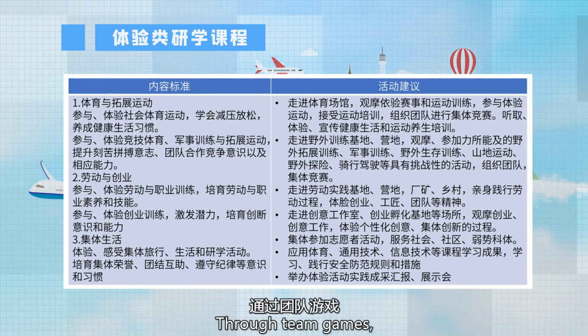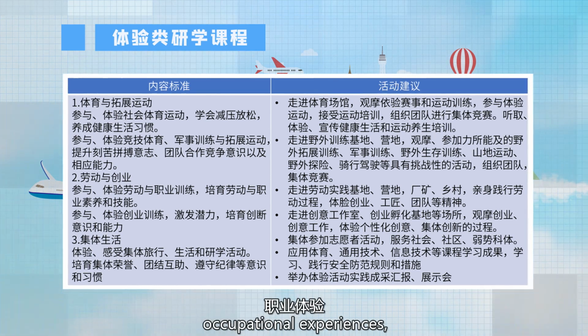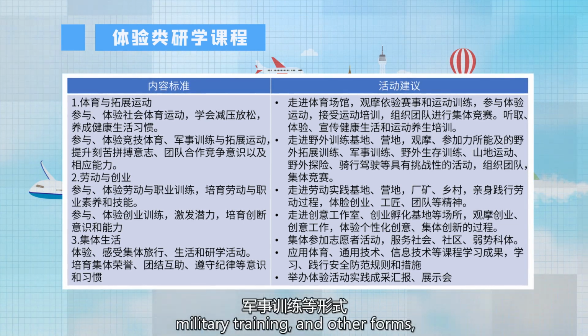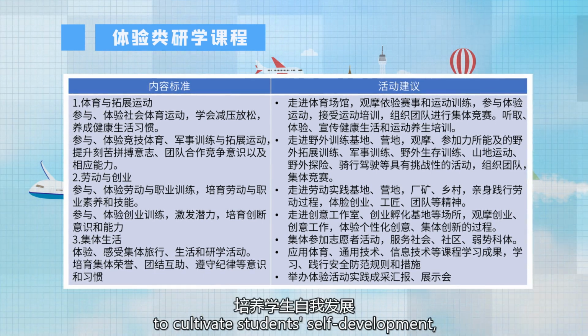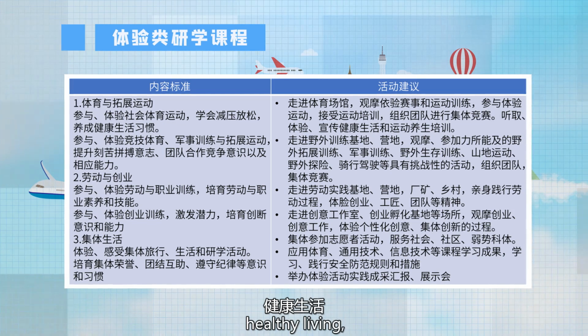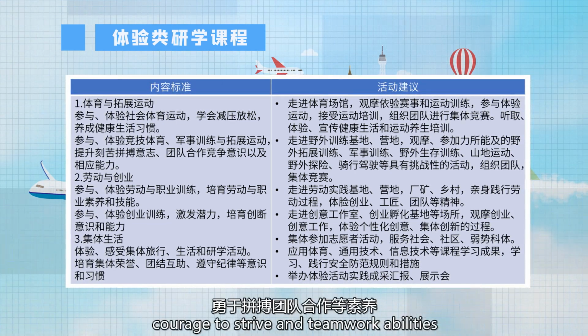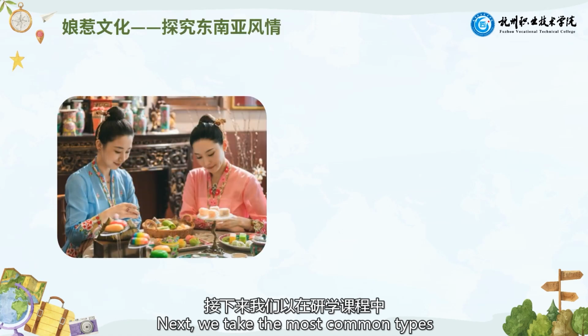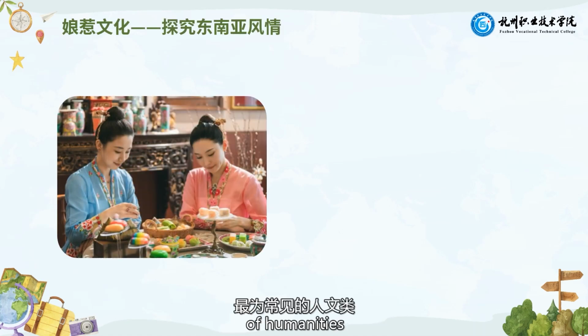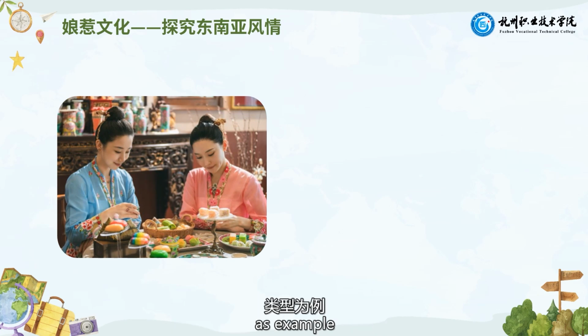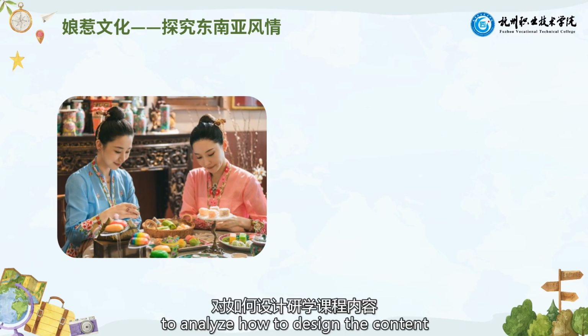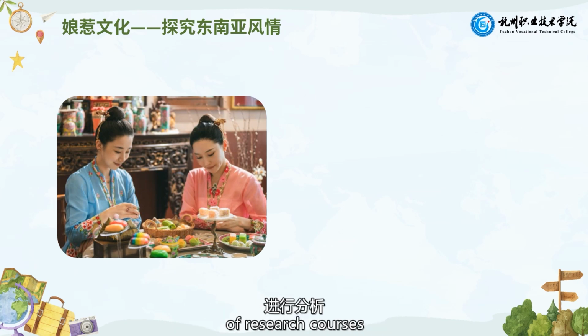Through team games, occupational experiences, military training, and other forms, they cultivate students' self-development, healthy living, courage to strive, and teamwork abilities. Next, we take the most common type, humanities course content in research courses, as an example, and select examples to analyze how to design the content of research courses.